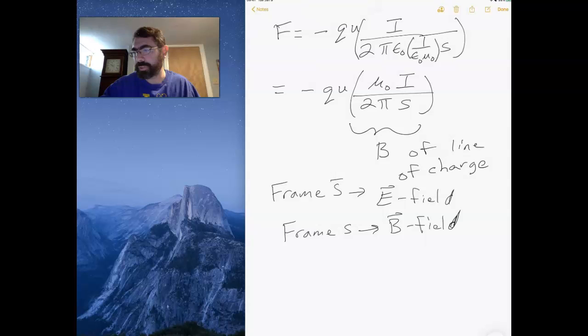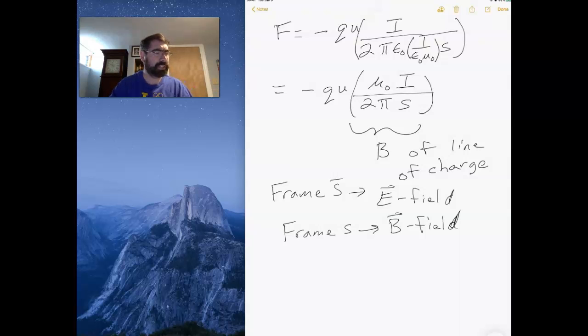That's what's going to save us with special relativity in terms of fields: the electric field and the magnetic field are going to turn out to be basically one and the same object. The behavior of an electric field in one frame is going to turn out to be the behavior of a magnetic field in another frame.